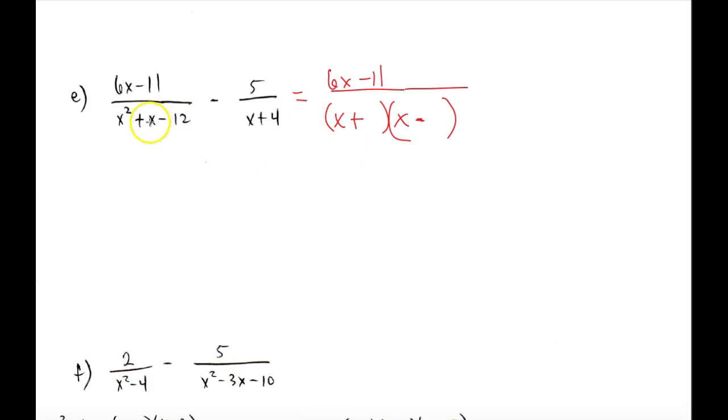And since we want the middle coefficient to be positive, we're going to put the larger factor by the addition sign, so that'll be 4. Put the 3 by the subtraction sign.